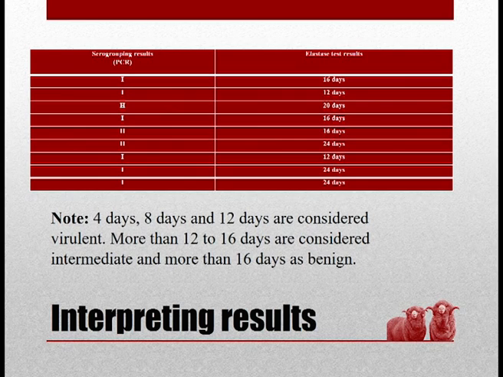Then we get to interpreting the results. Depending on which way we've gone, if we went with the culturing and the elastase test, then we can look at what the serogrouping results are and what the elastase results are. And with this one, you'll find that the H strain is only a 16-day, which puts it in the intermediate stage, but it's still worth trying to get rid of.